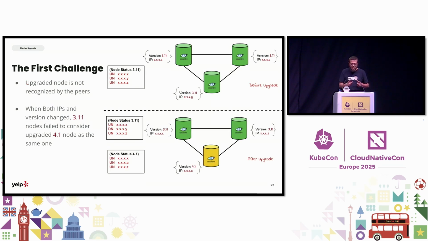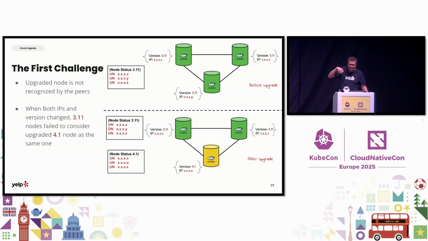In our environment, we don't use static IP assignments. So as pods are restarted, the IPs can change, and each time it's assigned whatever IP is available in the pool. As shown in the diagram, the Cassandra node with IP x.x.x.y got assigned IP x.x.x.a after the upgrade.